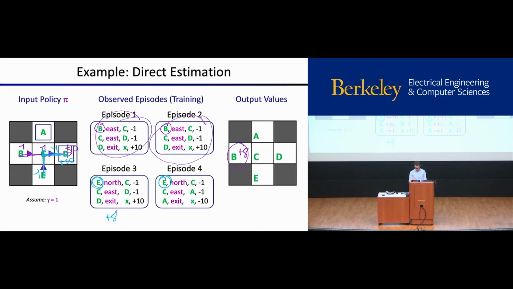And then we have another one that goes E north to C. I'll draw this in orange. Okay, we go north to C, we get a -1. We go east, and it does this weird sort of reroute, like we slip and fall, and we go to A instead. And then that gives us a -1. And then we get a -10 for leaving from A. So this one gives us a -12. Did I do that right? -1, -1, -10.